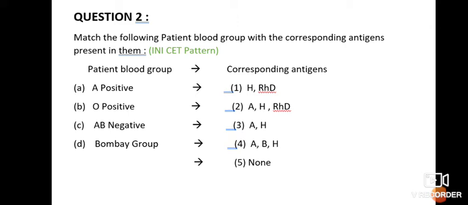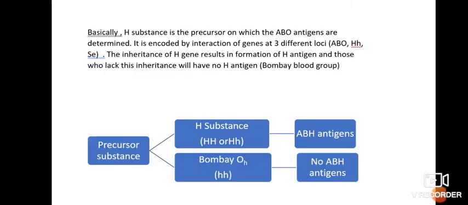Looking at the options, they are A positive, O positive, AB negative, and Bombay blood group, and the antigens given include something which might be new for some people, that is H antigen, RhD antigen, which most of us would identify, and something which keeps us confused between none of the antigens and all the antigens. Now we'll come to the answer later on.